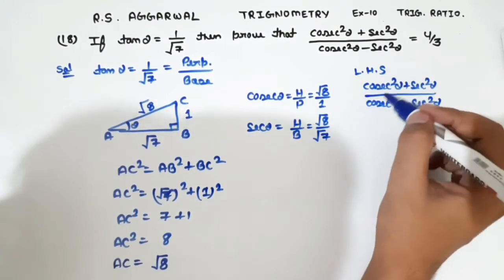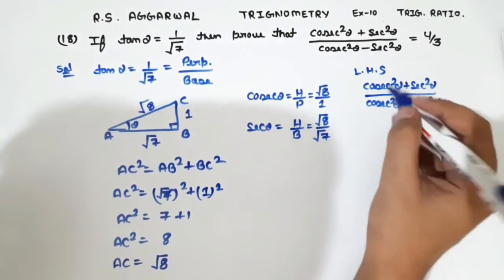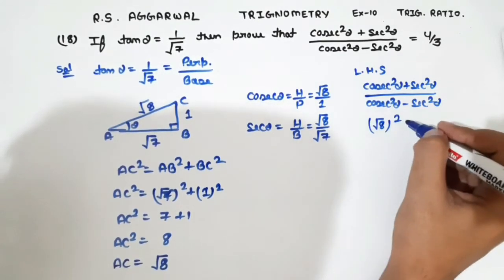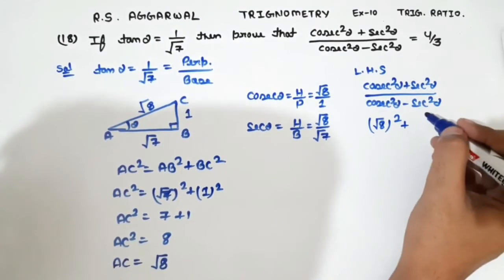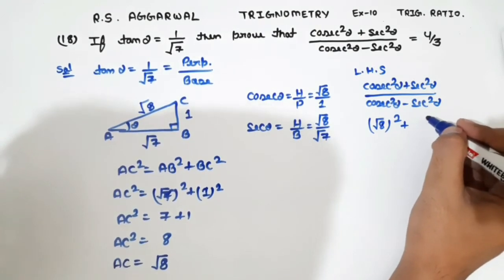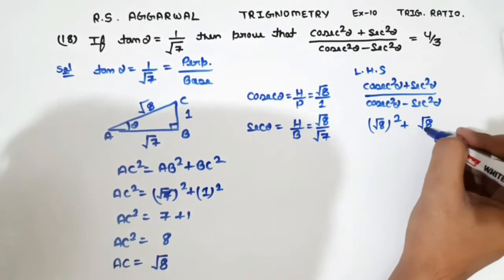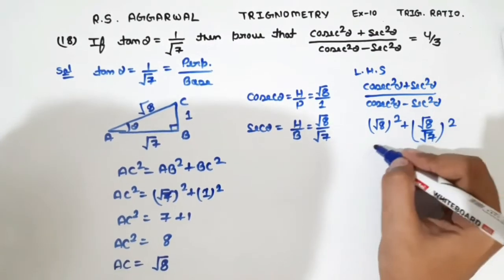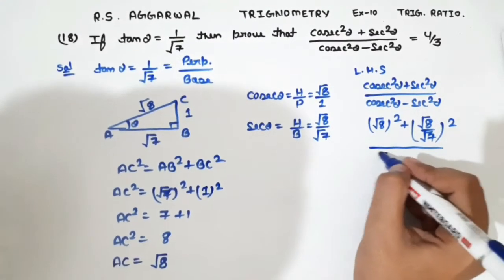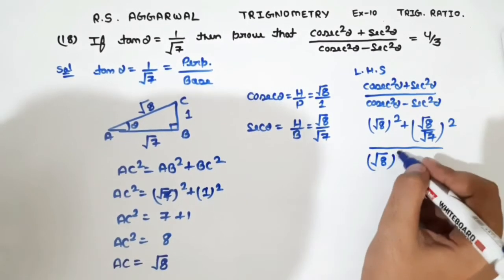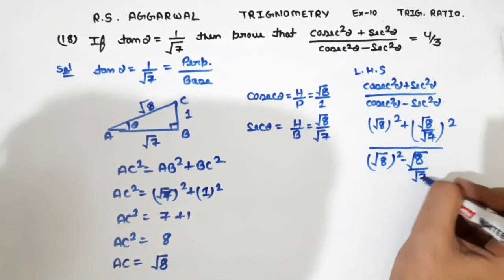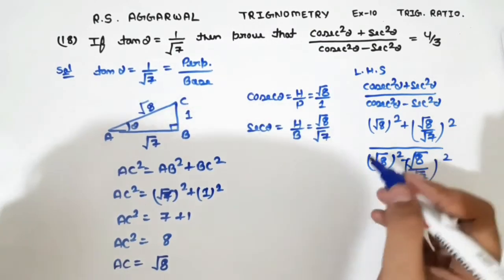So cosec square theta is √8 square plus sec square theta, that will be (√8 upon √7) whole square, upon √8 square minus (√8 upon √7) whole square.